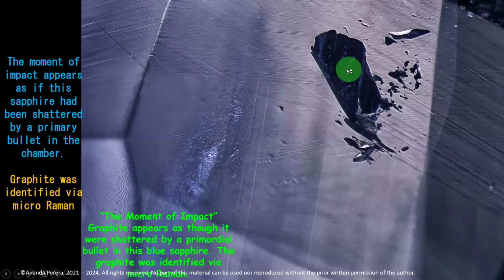And here we can see a blast, something happened here with the blast. This was also identified as graphite through the micro-Raman. When the stone is in creation, it happens with some blast.